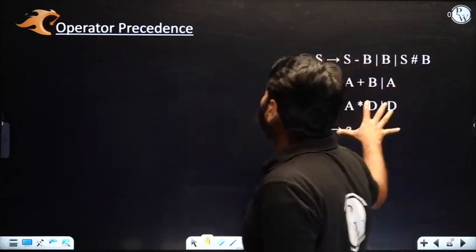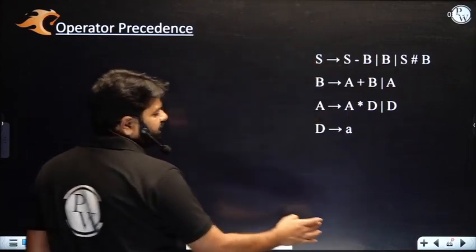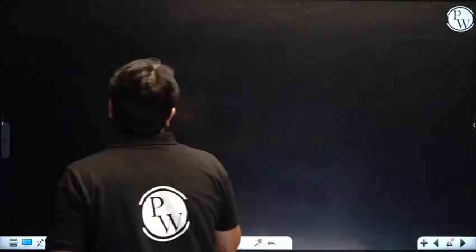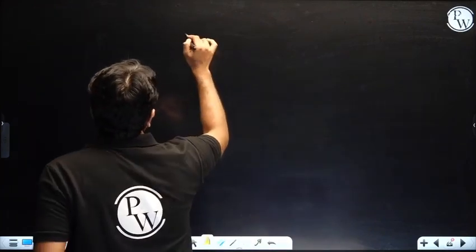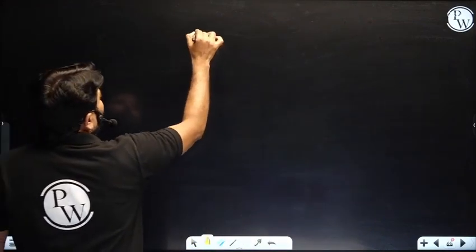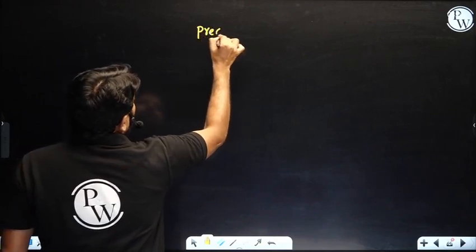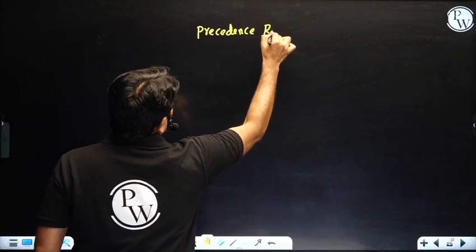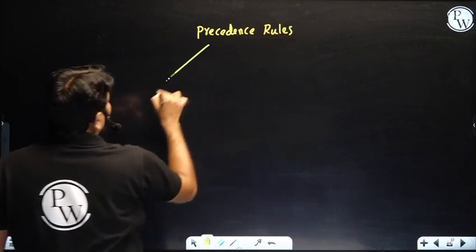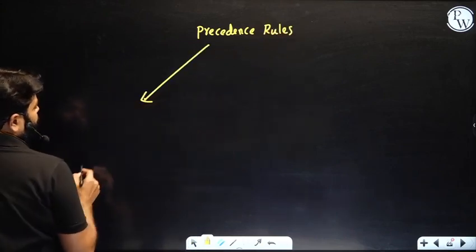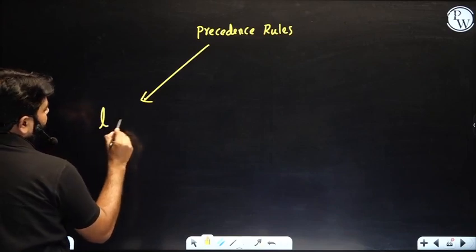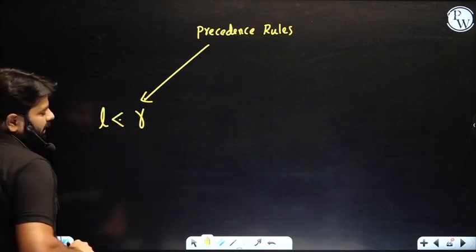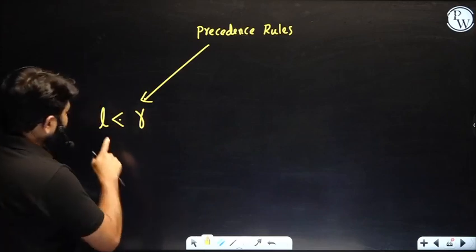We have an example here, but before this example, let me explain what things we have. There are three types of precedences, right? If you have left and right operators, one is called lesser.